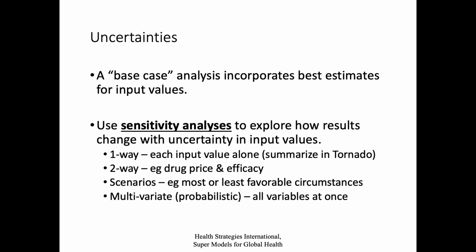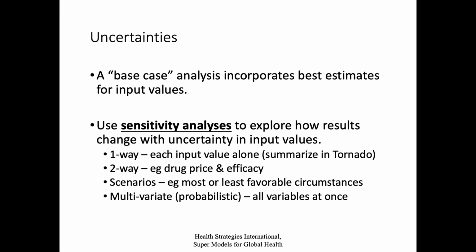So you have some uncertainty about the generalizability from the study you found to the value to use for your analysis. And there are other kinds of uncertainty as well. Each input is going to have some range of uncertainty, and we use sensitivity analyses to explore how the results of the analysis change with uncertainty in input values.